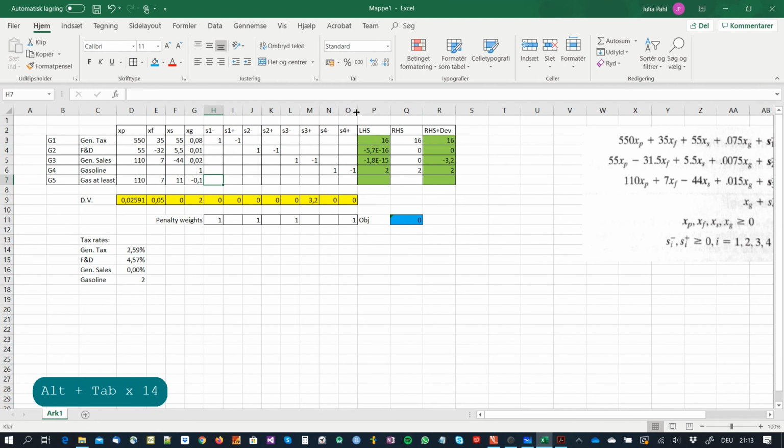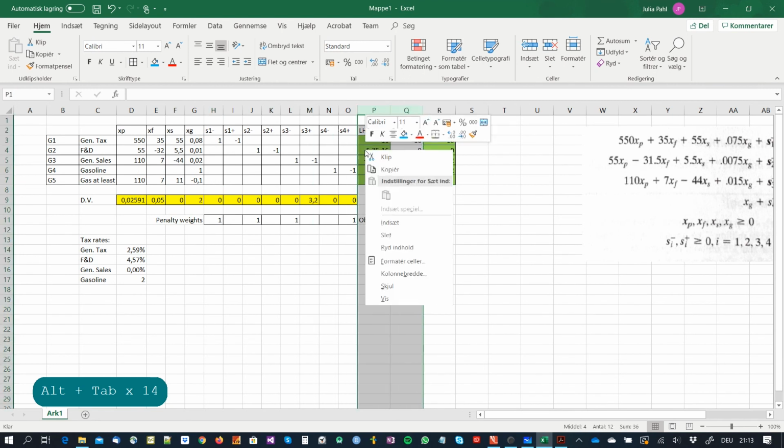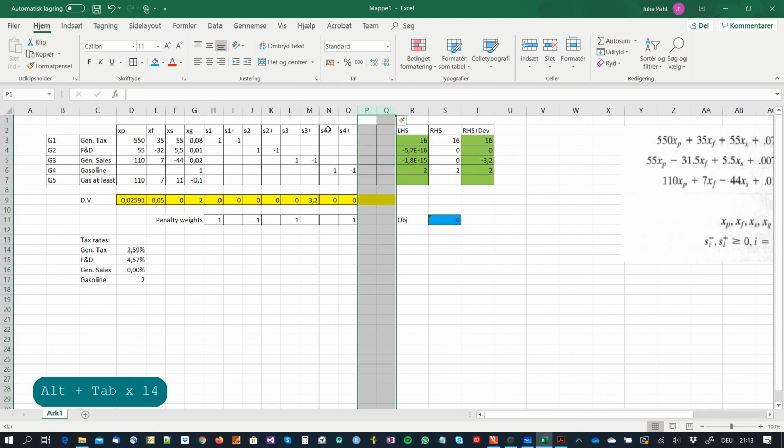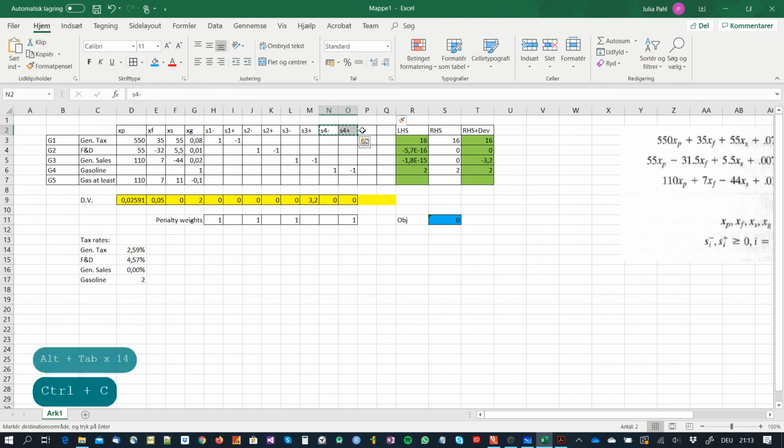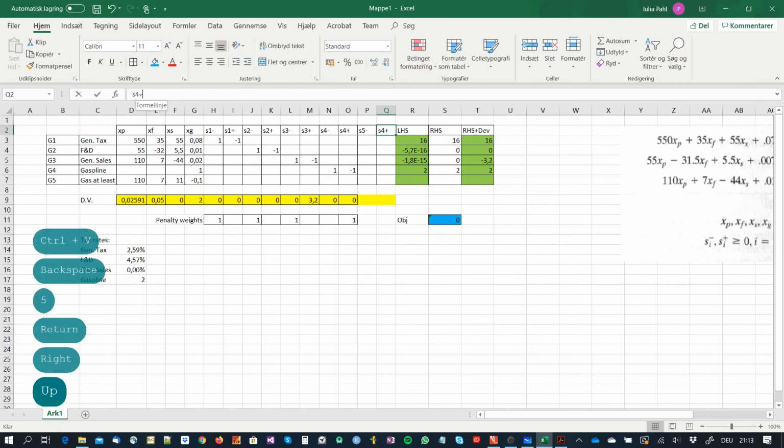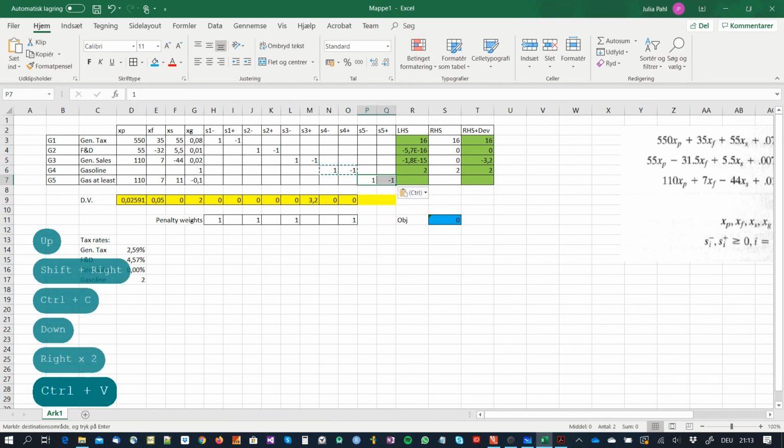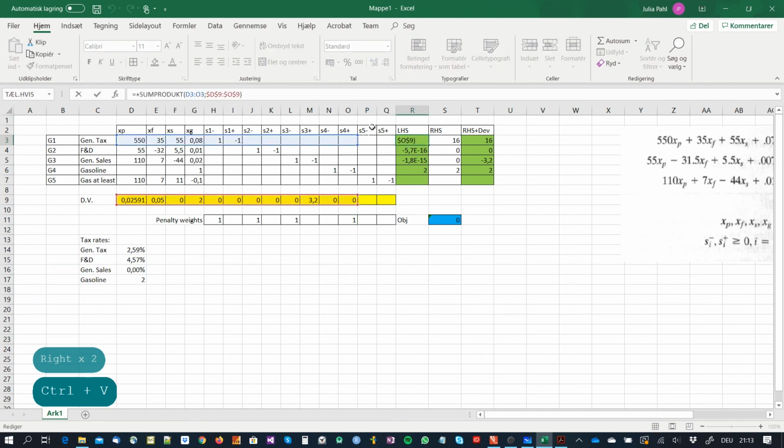So, well, first we need to extend, of course, the model to include also these two derivational variables for goal 5. And we need to extend also to include the penalty weights and the decision variables accordingly.